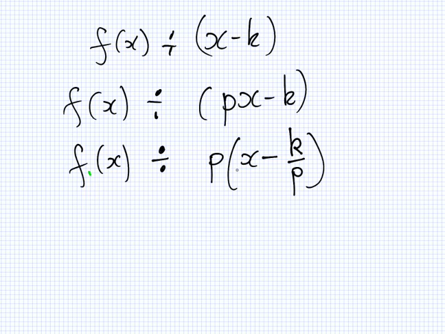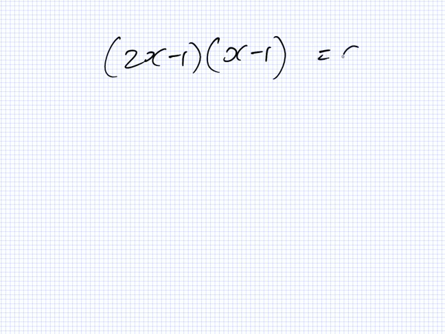So the remainder should be 18 times 7 over 2 cubed minus 71 times 7 over 2 squared plus 28 times 7 over 2 minus 1. Now, calculate time. Let's see what we get.